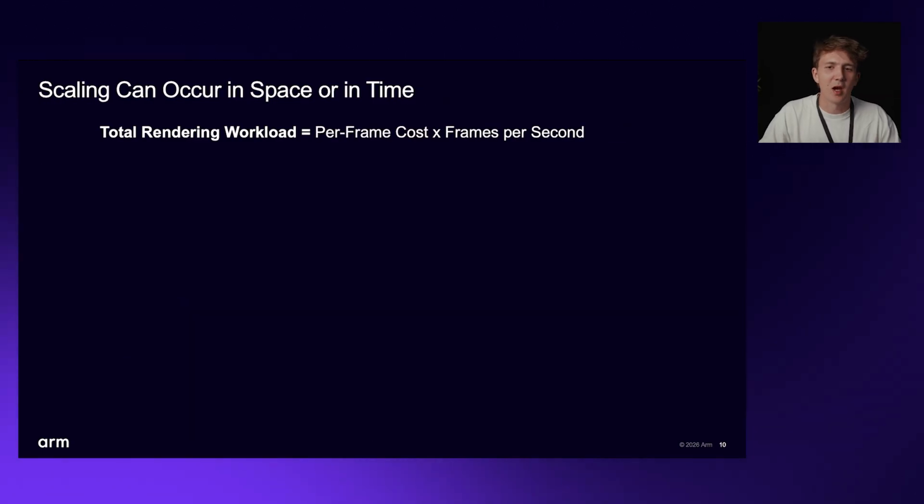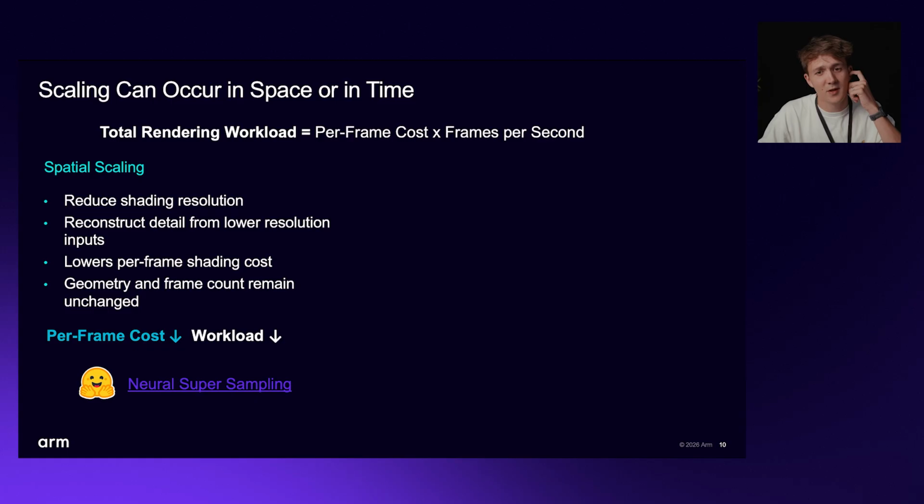So in summary, we can reduce the workload in two different ways to achieve some power savings, in space or in time. So we've got spatial scaling, NSS: render the frame at a low resolution, reconstruct missing details. This reduces the shading cost per frame, but we still need to process the geometry and render the same number of frames, and that is what neural supersampling does.